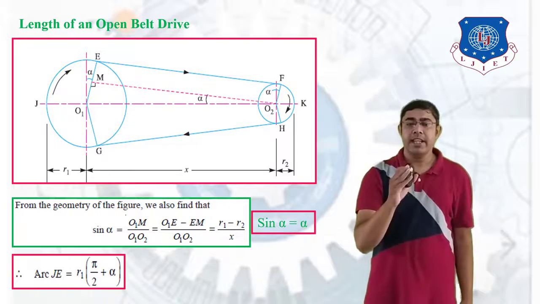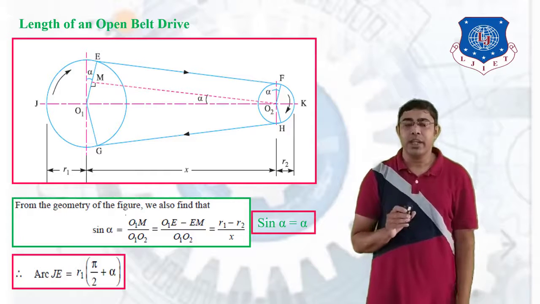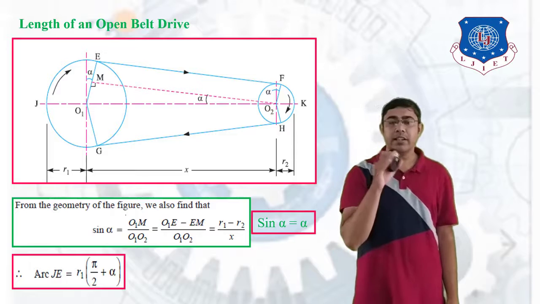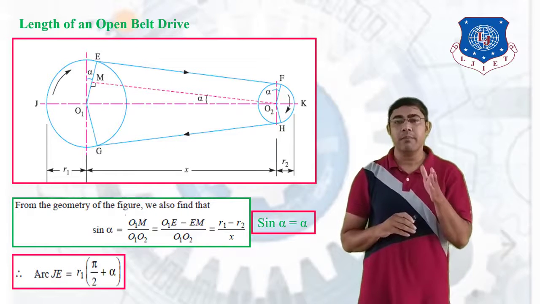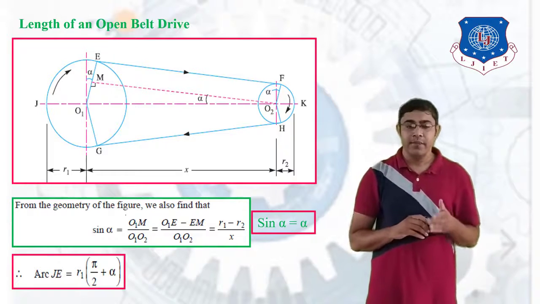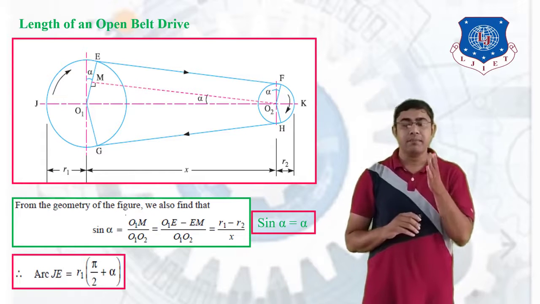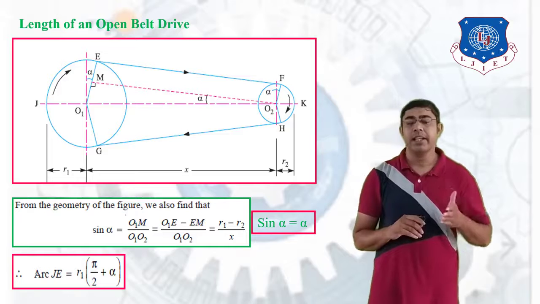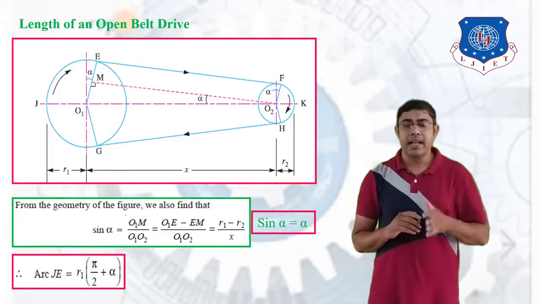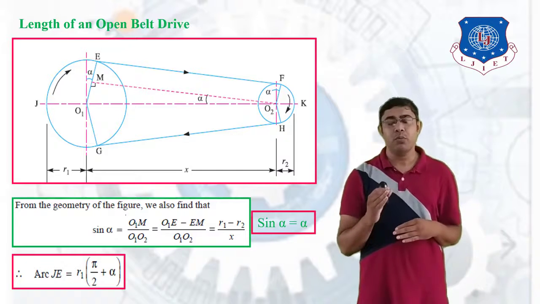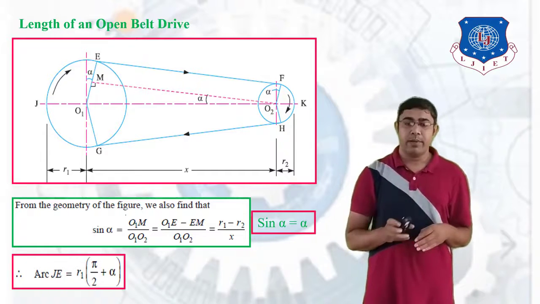Now we find the arc length JE. Arc JE is nothing but R into theta, and from the figure the theta value is pi by 2 plus alpha, with radius R considered as R1. So we get arc JE is equal to R1 into pi by 2 plus alpha.